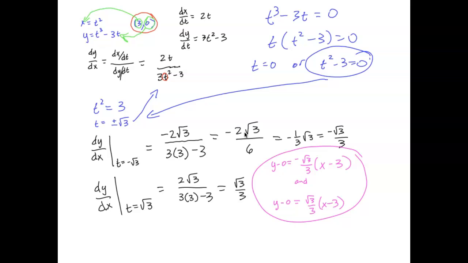Hold on. So x prime is just 2t. y prime is 3t squared minus 3. 2t over 3t squared minus 3. t equals plus or minus root 3. What am I doing here?